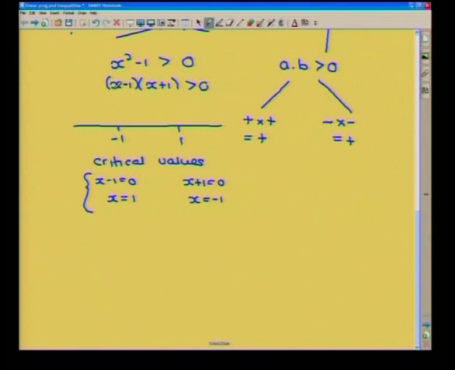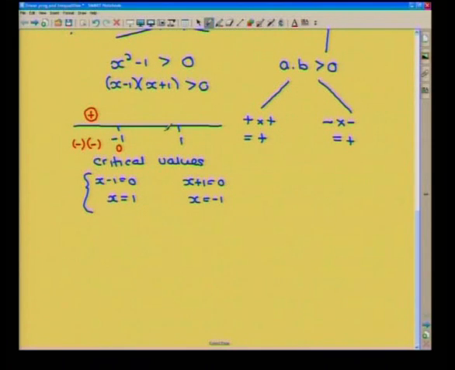We go over here and we say minus 3 minus 1 is going to be a negative answer, and minus 3 plus 1 is also going to be a negative answer. So a negative times a negative is a positive. We know over here the answer will be 0 because that's a critical value, and if that one's 0, that times that will be 0 as well. Now, let's choose a value between these two. Between minus 1 and 1, 0 is a good choice.